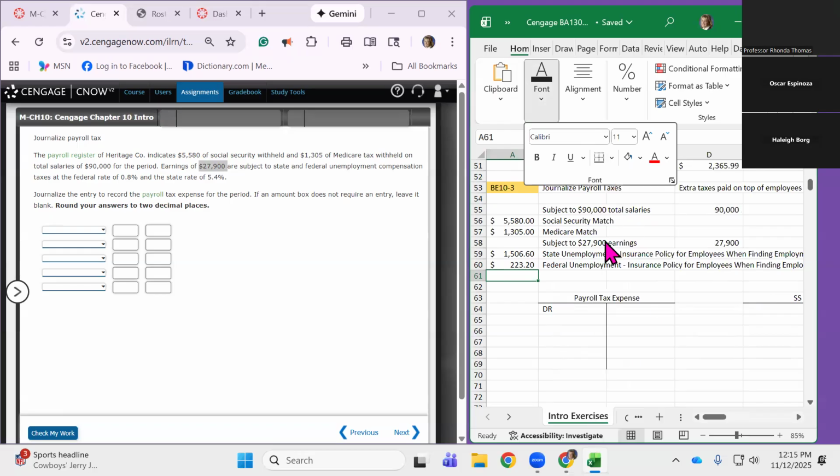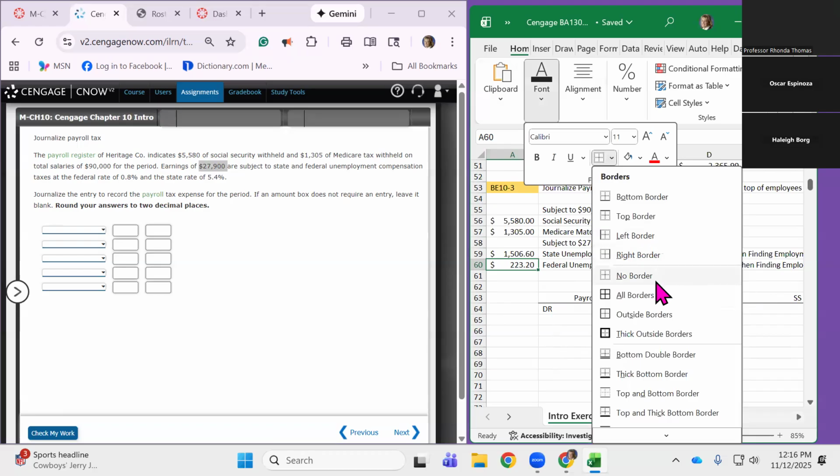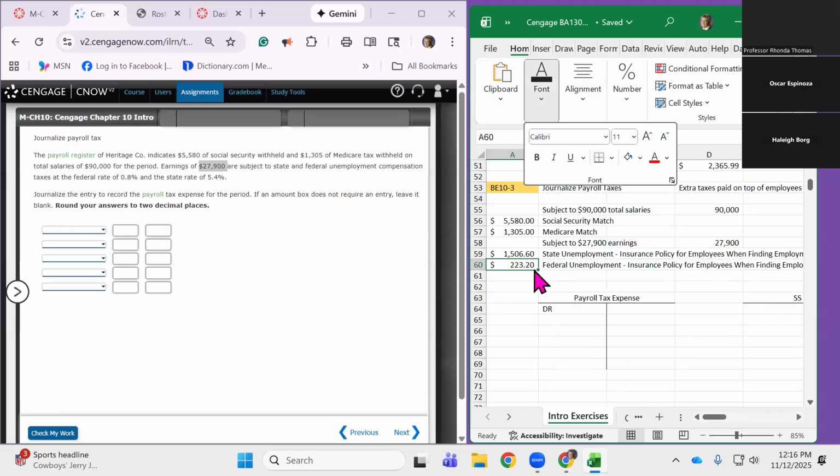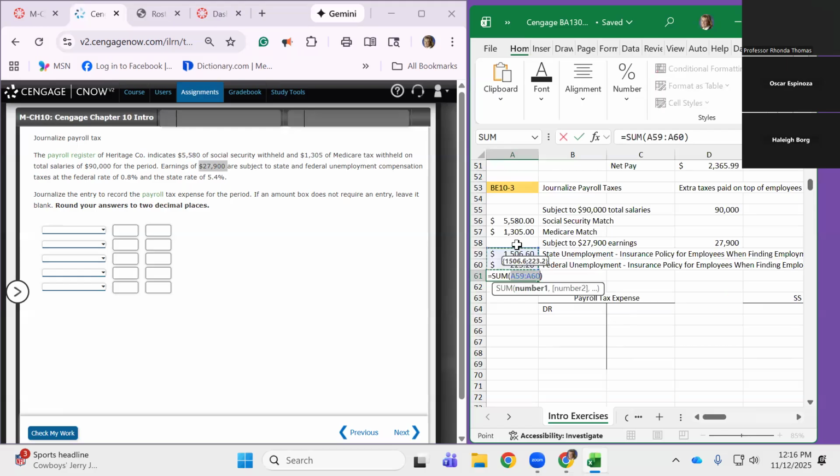So this can be quite a burden for an employer, okay? It's definitely extra expense that a lot of them would rather not have to pay, because, you know, cutting costs helps you increase the bottom line. I'm going to add up all of these extra payroll expenses on top of wages.